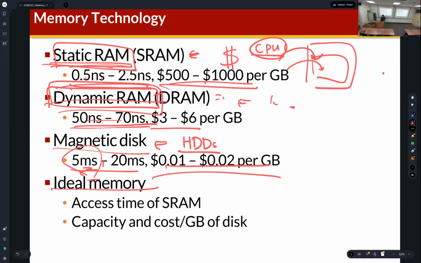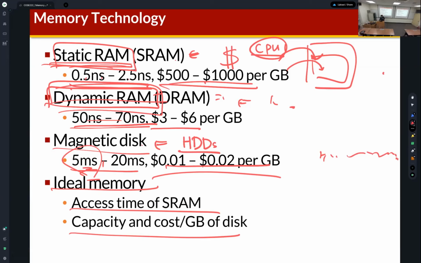Actually, ideal memory means that we require the access time of SRAM, so that's fast. And then we also require the capacity and cost of the magnetic disk. If you use the hard disk drive, you can find that the capacity is around 1 terabyte or 2 terabytes. It's very large compared to DRAM.